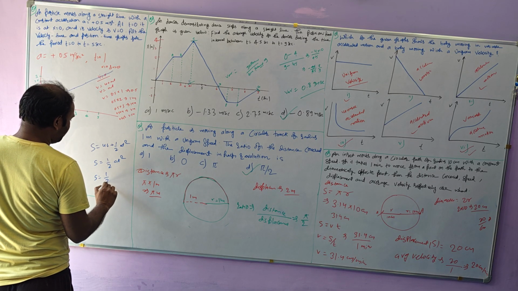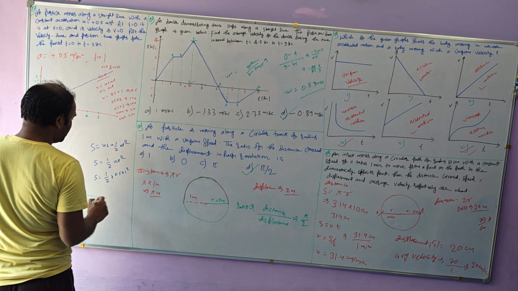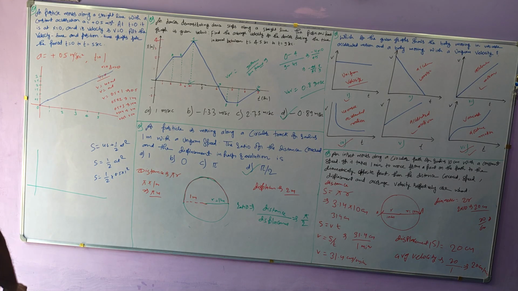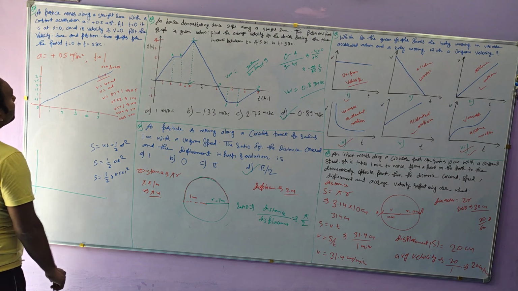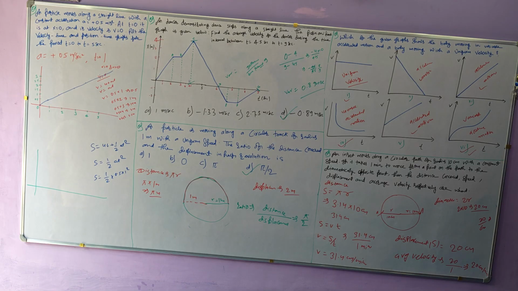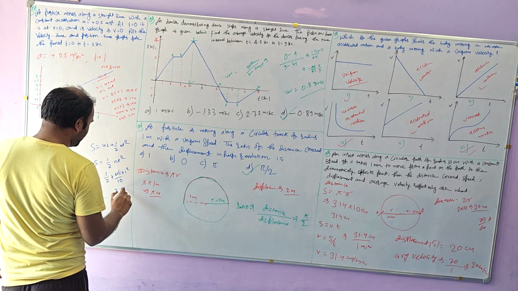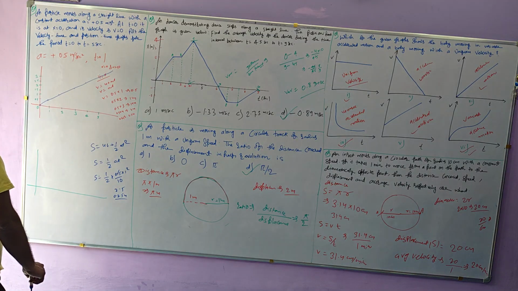Then s is equal to half into 0.5 into 1 square, that becomes 0.25 meter at 1.